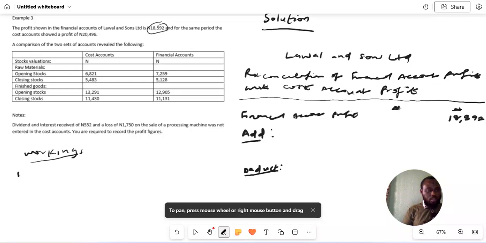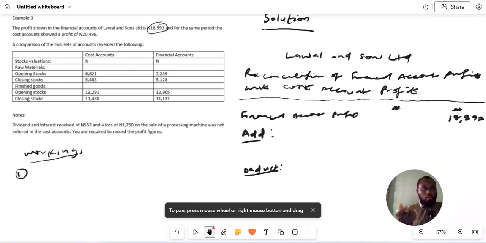Workings. Note one: we have the opening stock of raw material. Now raw material is a cost to the organization, and this cost has to undergo various processes of transformation before it becomes finished goods.